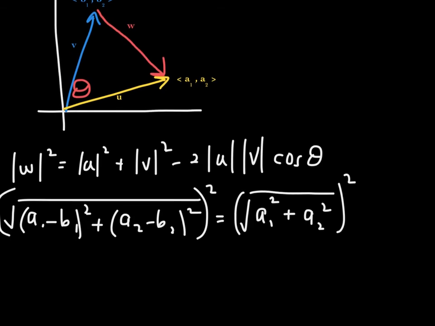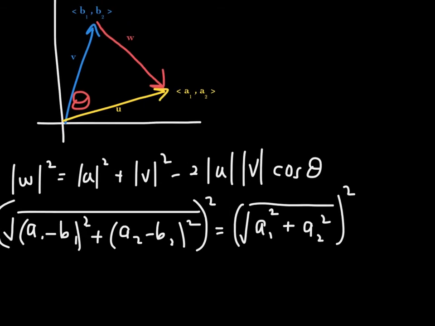Now hang tight as I'm eventually going to have to move this down even more, okay? Plus, I'm going to have to come down here, guys, so excuse me. So plus the magnitude of vector v quantity squared. Now again, it'll be b sub 1 minus 0 quantity squared, and then b sub 2 minus 0 quantity squared.